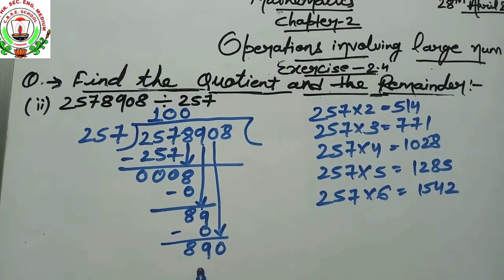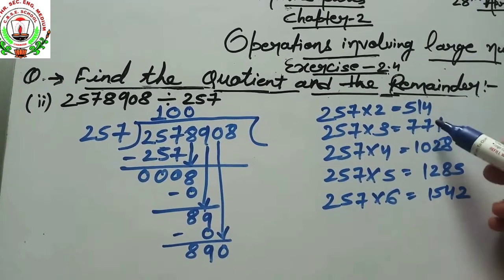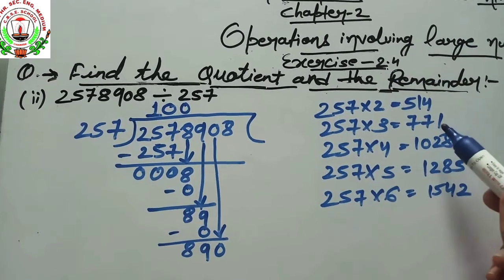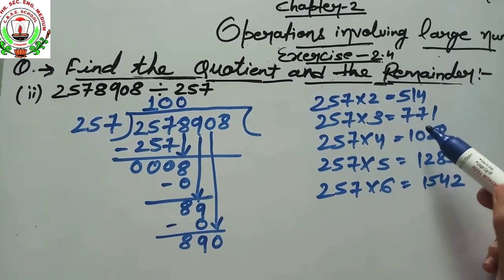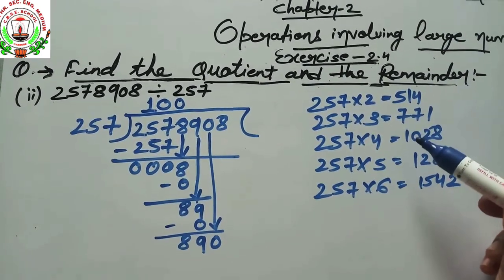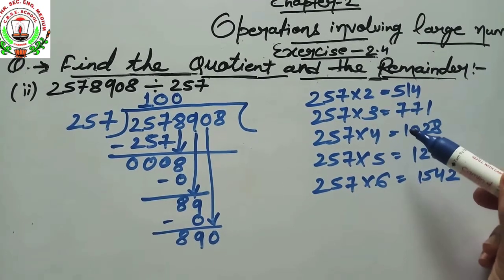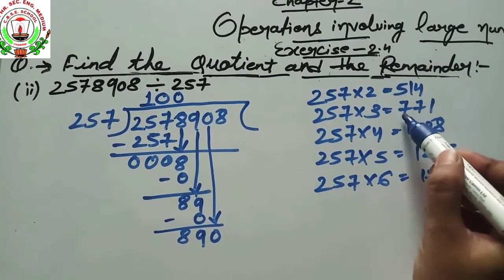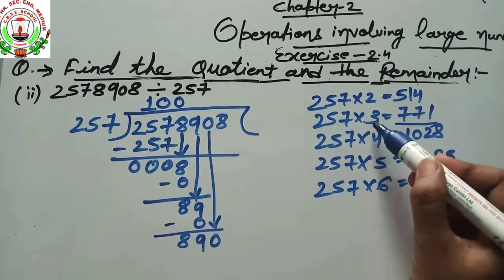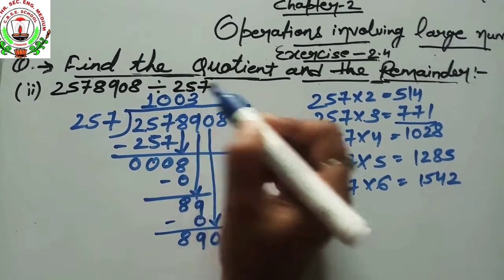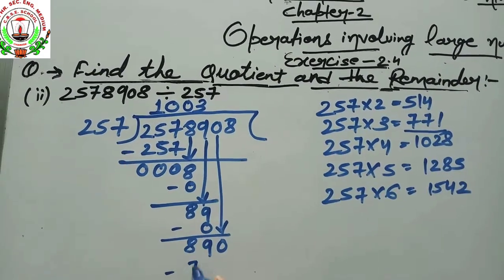Now you can see that 890 is not over here. So we have to select the number which is less than 890. Which number is less than 890? This 771. And how many times will it come? 3 times we have to write.